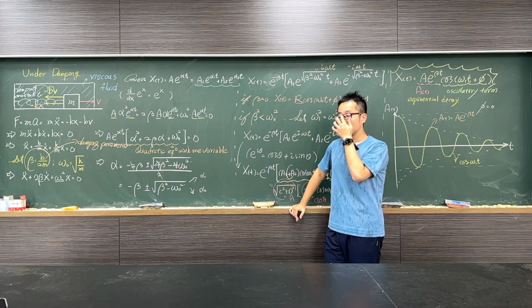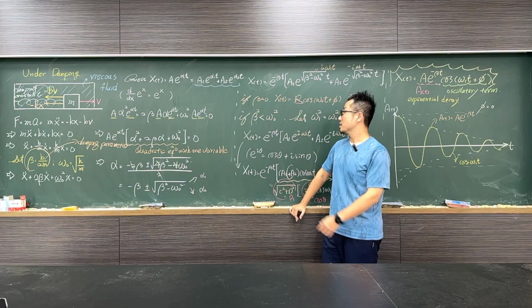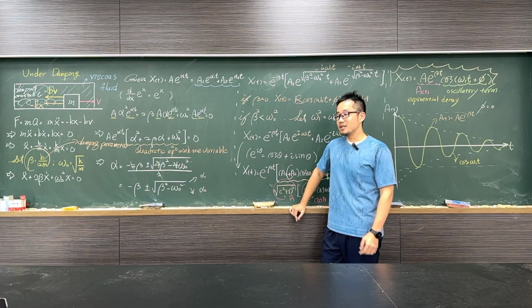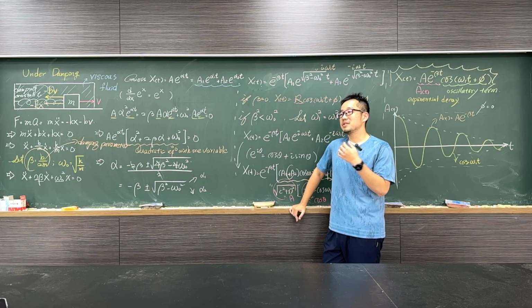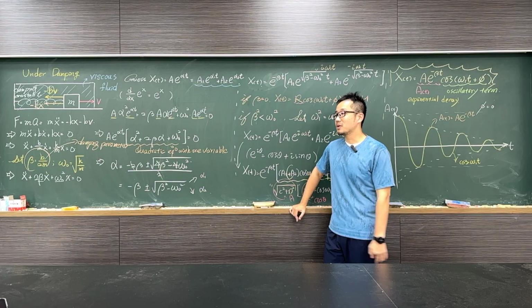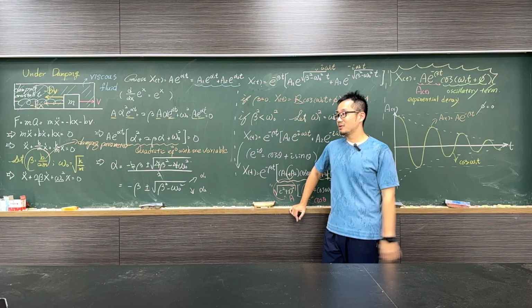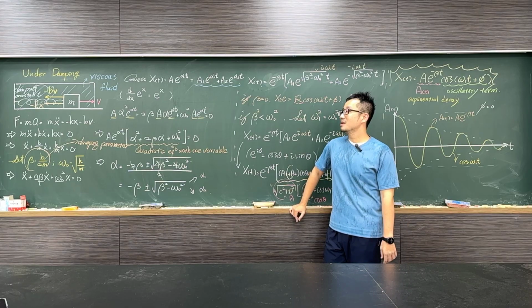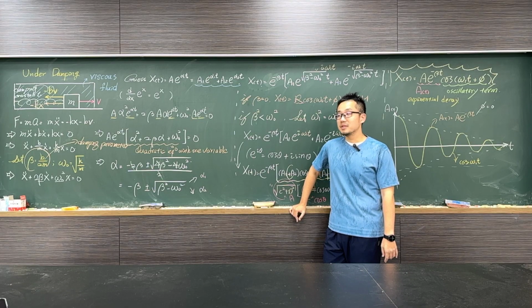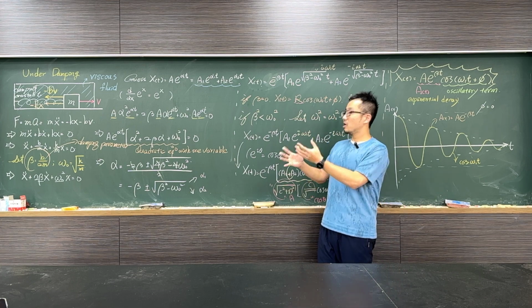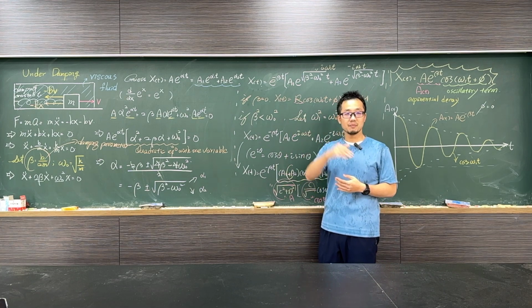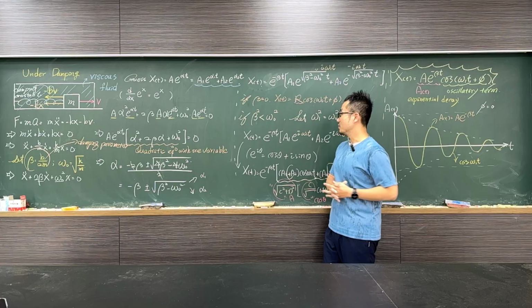You might be wondering, what if the beta square is equal to or bigger than the omega naught square? We will discuss it later, and that will be called the critical damping or overdamping situation. Today I'm talking about the underdamping case. Your object is still oscillating, but with a decrease of the amplitude.